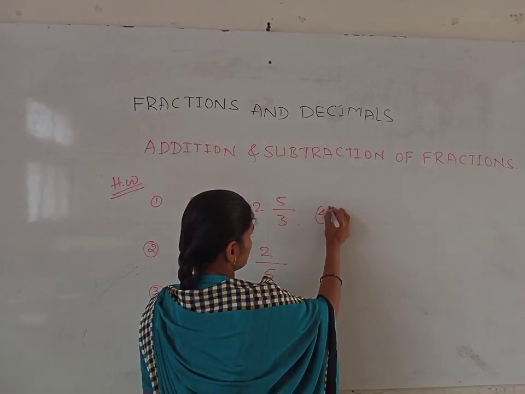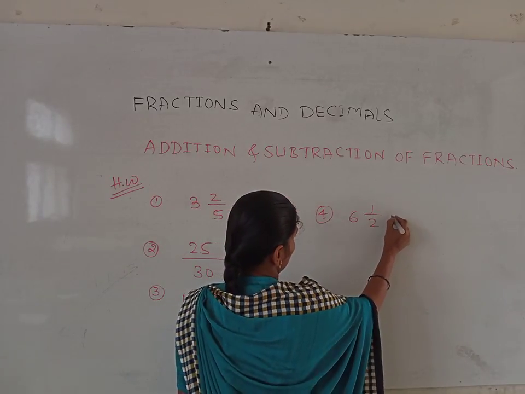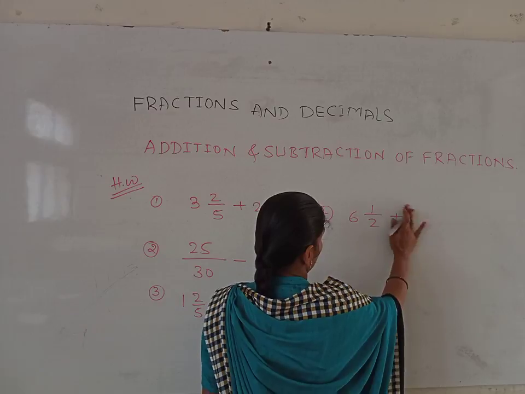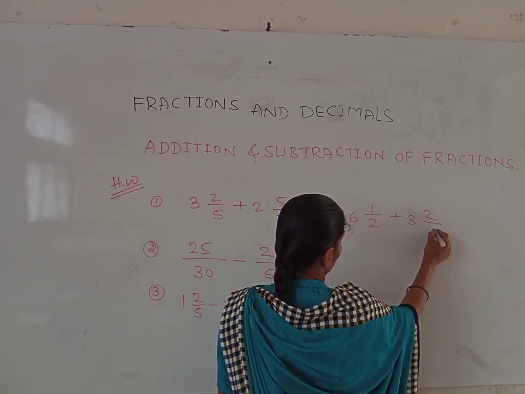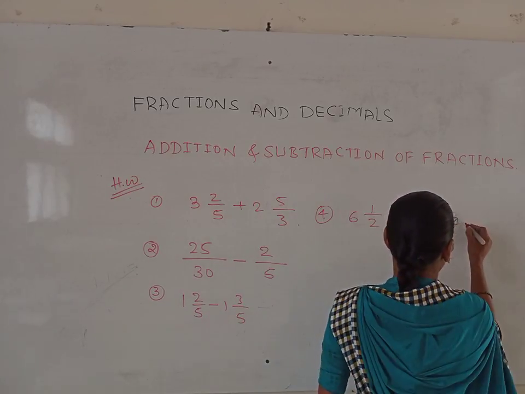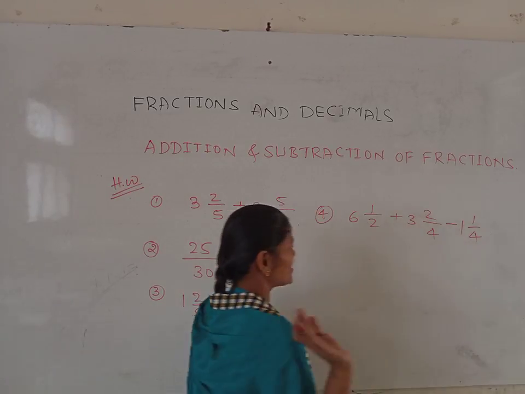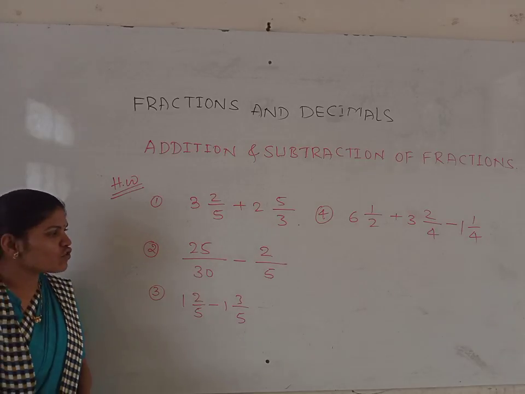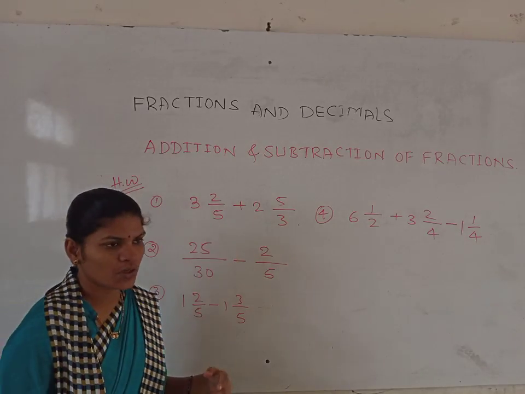Next one: 6 integer 1 by 2 plus 3 integer 2 by 4 minus 1 integer 1 by 4. Very interesting question.